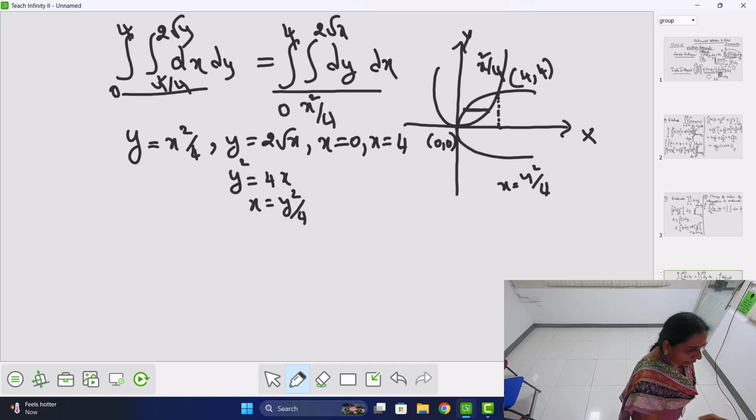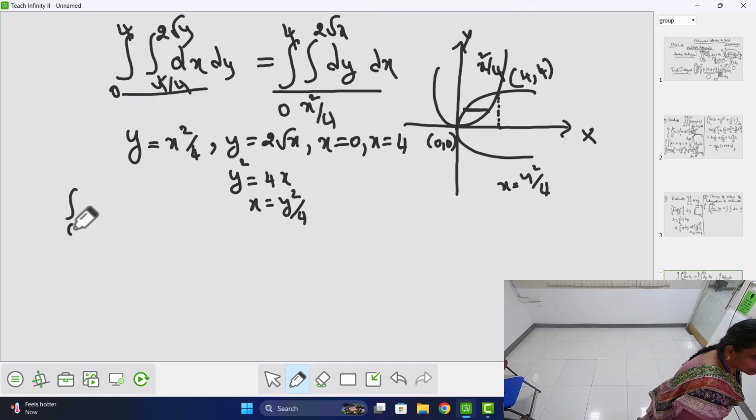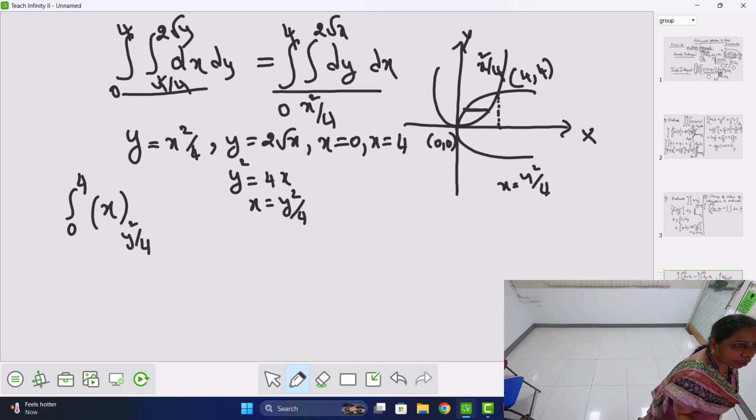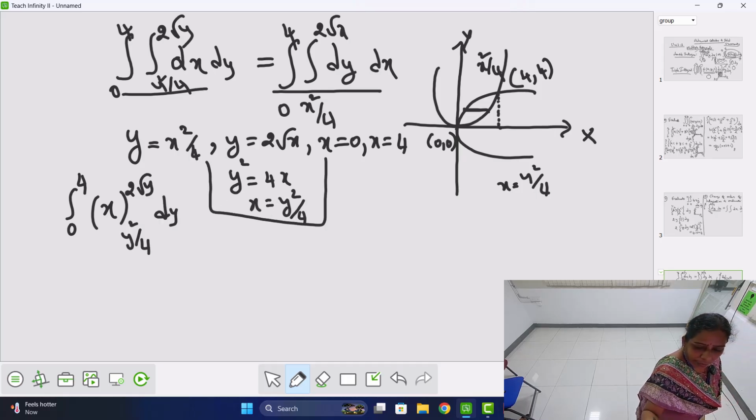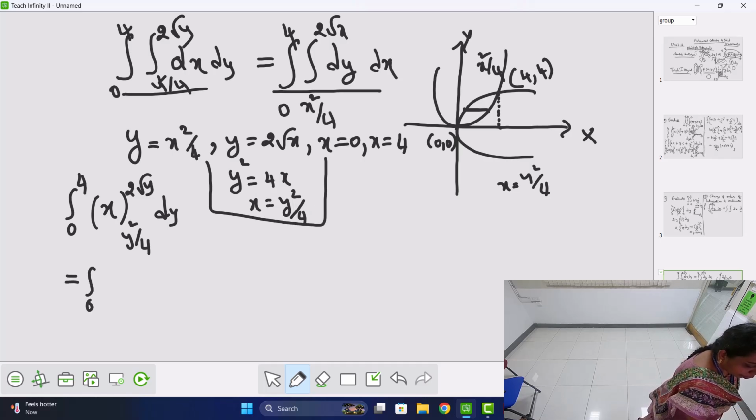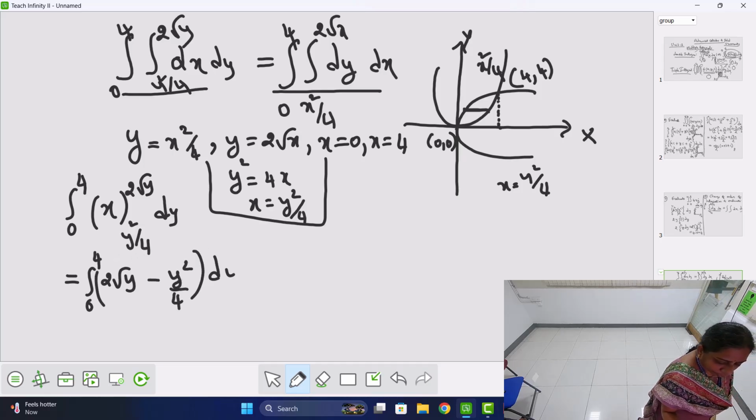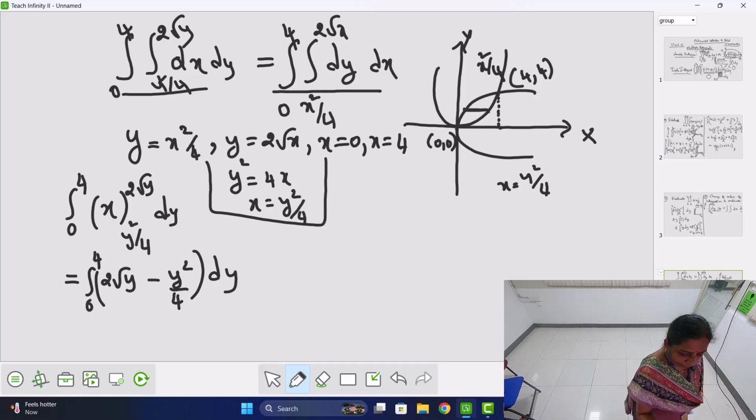Now it's time to integrate this function. So 0 to 4, what is integration of dx? X. So x from y squared by 4 to the upper limit 2 root y, into dy, which is equal to the integral from 0 to 4 of 2 root y minus y squared by 4, into dy, right?